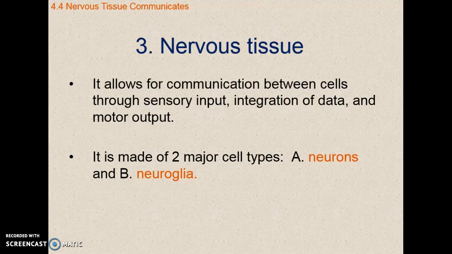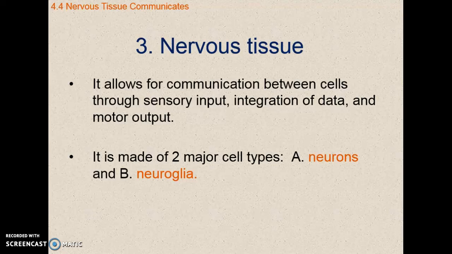Nervous tissue, or nerve tissue, is the main tissue component of the two parts of the nervous system. The brain and the spinal cord are the central nervous system, and then there's the branching peripheral nerves of the peripheral nervous system, both of which regulate and control body functions and activity.